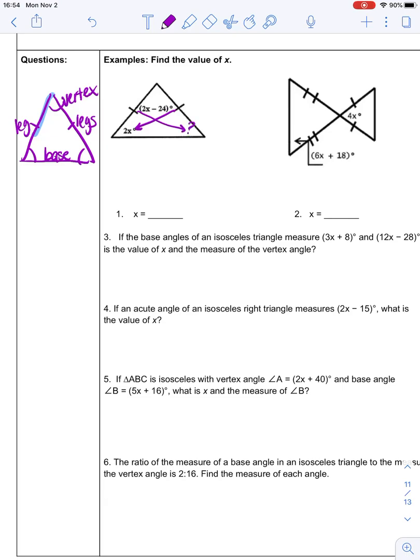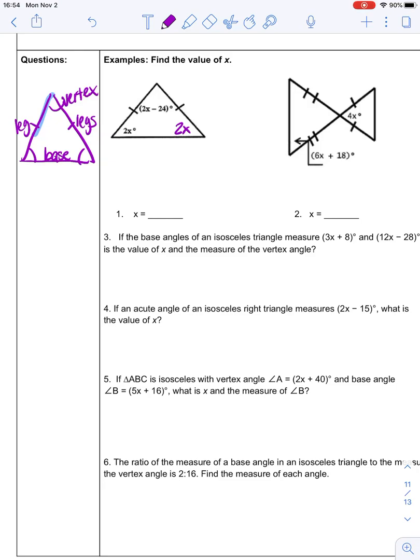Now, I do know, though, that if those two have to be the same size, then this angle right here has to be 2x. Unfortunately, you can't set those two equal to each other because then that doesn't help you solve anything. But what I do know is I have to go back to the angles of a triangle adding to 180 degrees.